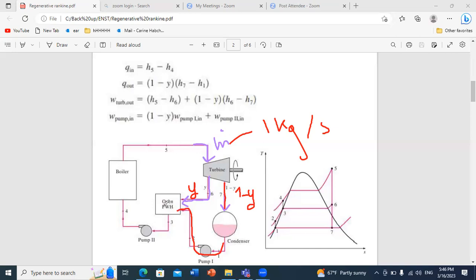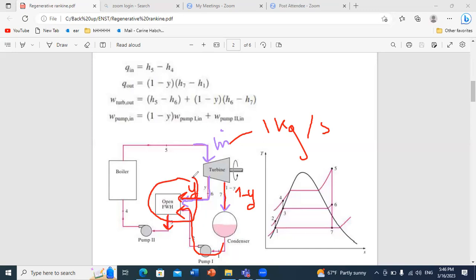So the feed water heater is simply a heat exchanger, if you want. Here you have two inlets for this heat exchanger and one outlet. If you want to write the energy equation for the open feed water heater, it's similar to a heat exchanger.